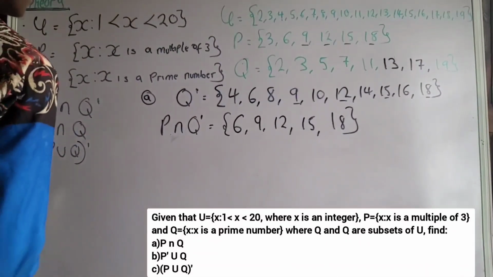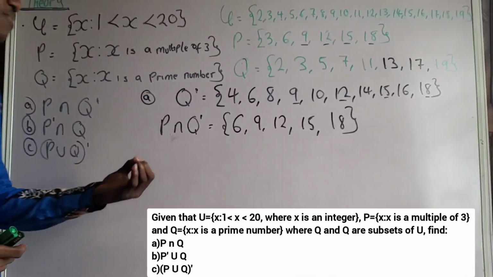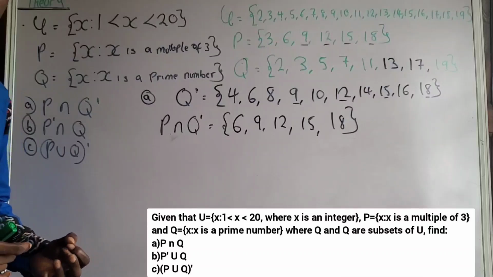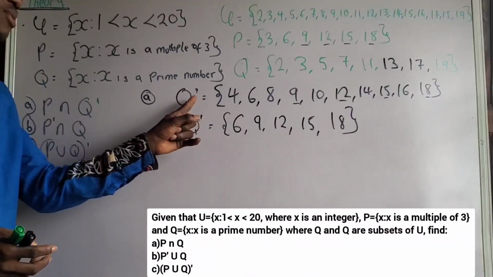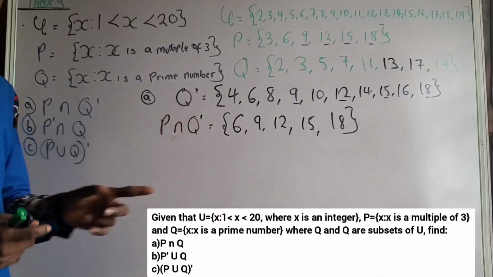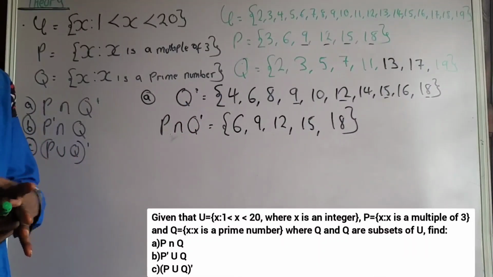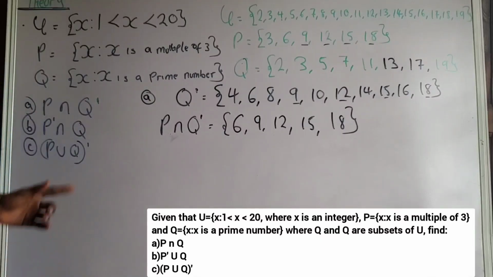You will discover that we cannot find P intersection Q prime without looking for Q prime. So that is why I first look for Q prime. This sign that I call prime is also known as complement. But whether complement or prime, it means the same thing. Okay, so we are done with the first one. Let us proceed to the second one.